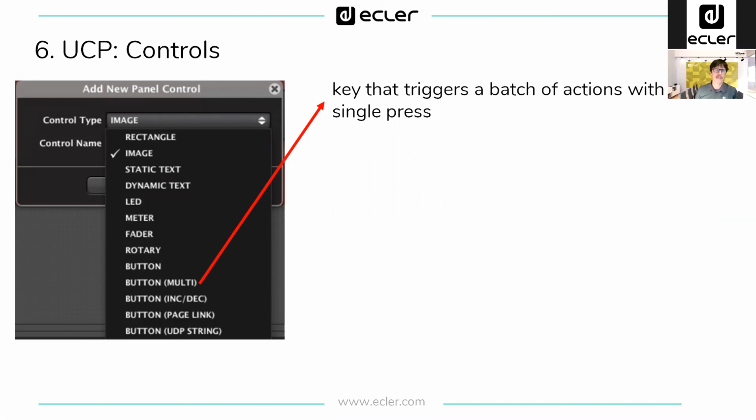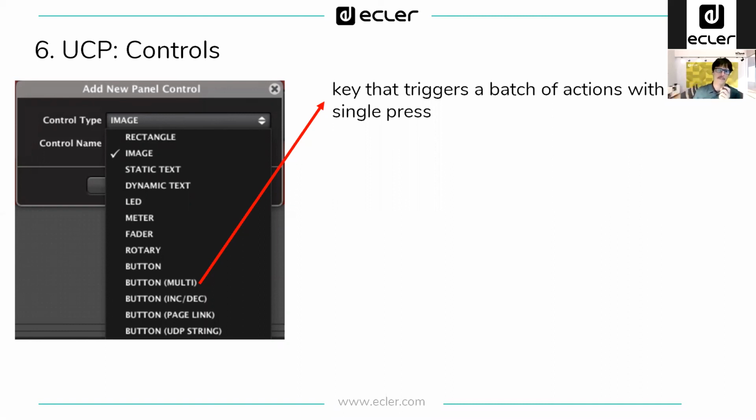And I want to highlight here a new feature, which is not mentioned here, but I will revise it tomorrow maybe. Here there's a new feature that you can put buttons one on top of the other in our UCP. And when you click there, you will click all the buttons at the same time.